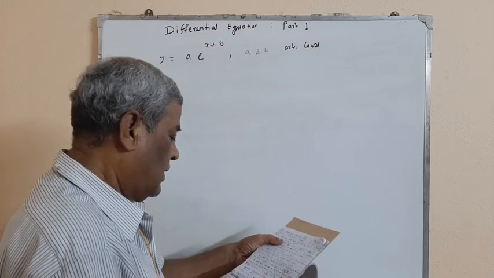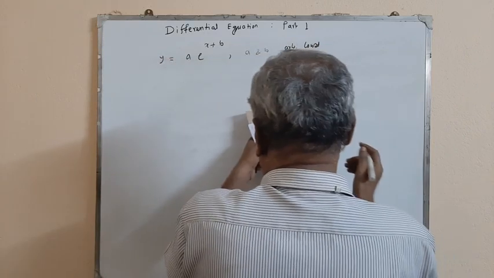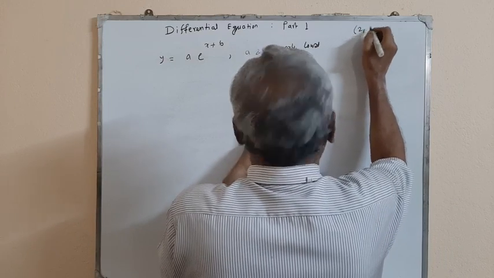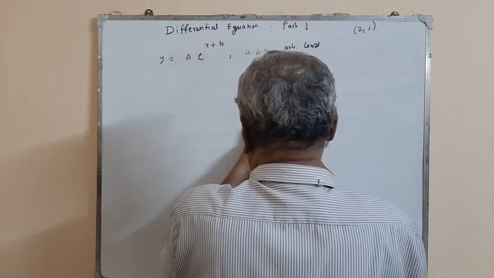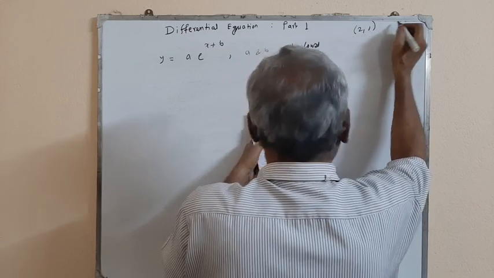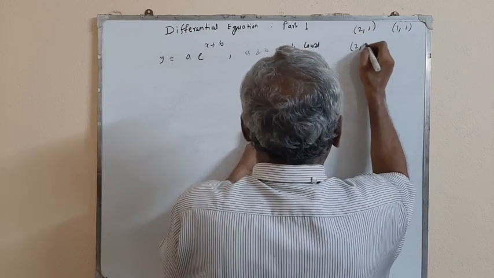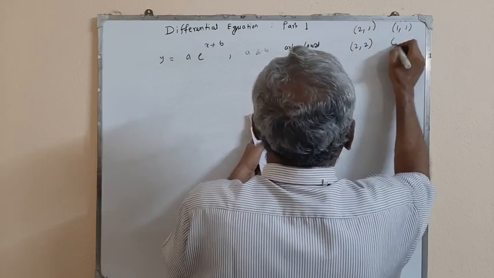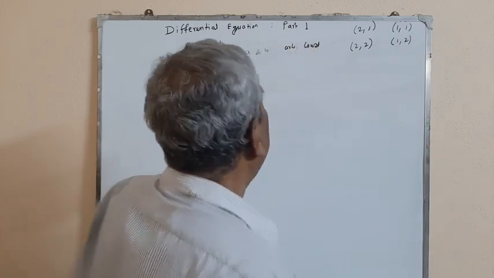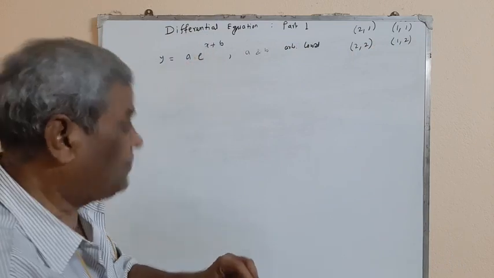Find the order and degree of the corresponding differential equation, and the options are given: 2, 1. I told you the first term is order, this is degree. The second one is 1, 1. The third one is 2, 2. And the fourth one is 1, 2. We have to find the order and degree of the differential equation, given that a and b are arbitrary constants.